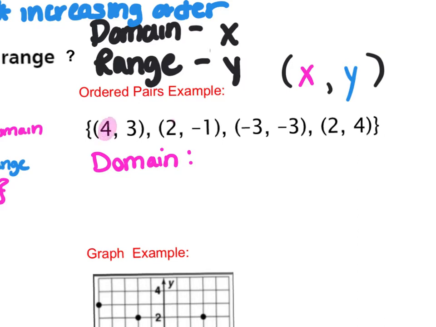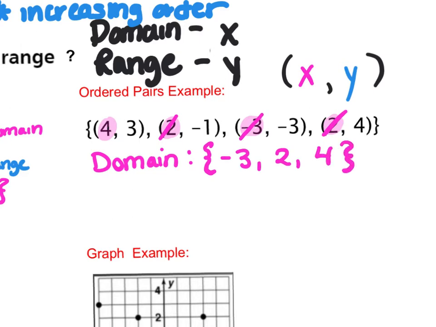So I have 4, 2, -3, and 2. Now if I check to see if I have any repeating numbers, the number 2 is listed twice, so I'm going to ignore the second 2. And now I'm going to list these in order. So I'm going to put my curly bracket. The smallest of the 4, 2, and -3 is -3. The next smallest is 2. And then the only remaining x coordinate is 4.